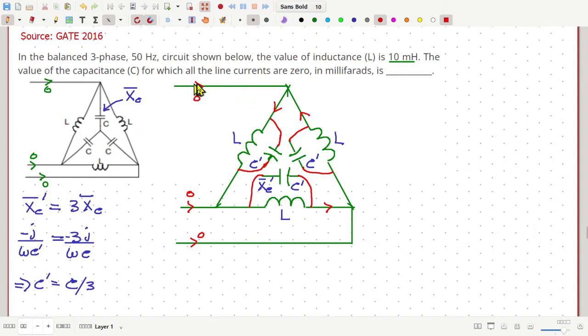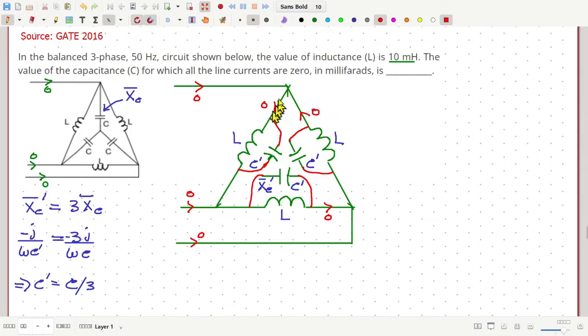The magnitude of line current will be root 3 times of the magnitude of the phase current. Since the line current is 0, therefore the phase currents must also be equal to 0. All phase currents are 0. Okay.